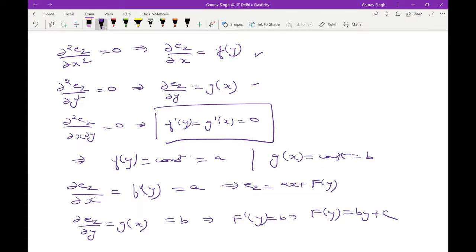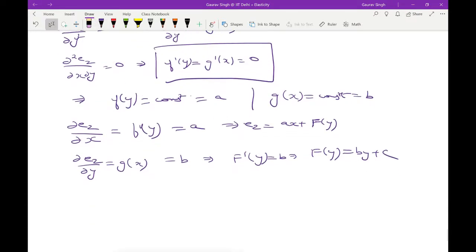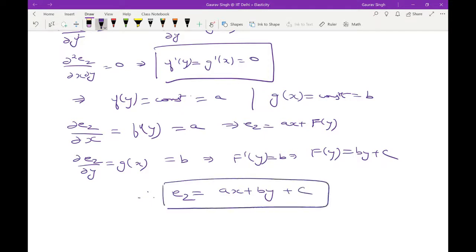Obviously c is an arbitrary constant everywhere, and that would mean that εz is equal to ax plus by plus c. You can look at all these three things. This gives you this. So this also proves what was required, that εz is of this form.